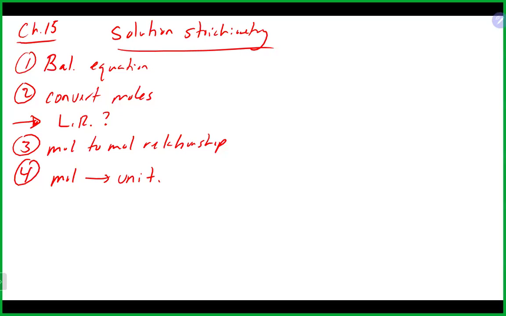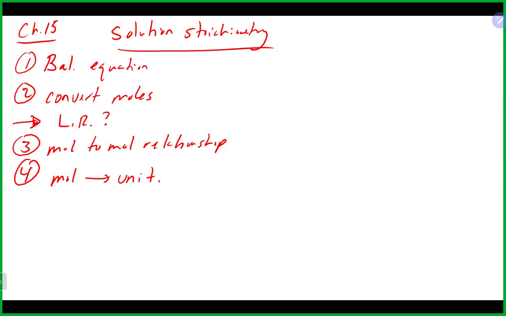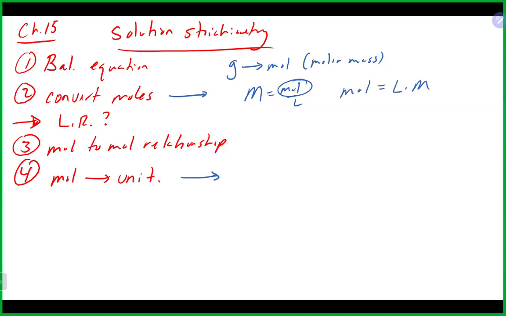So in terms of solution stoichiometry, pretty much the main difference is there are two steps where there usually is a difference, and that is step number two or step number four here. Instead of a traditional stoichiometry problem where we go from grams to moles using the molar mass, very often in solution stoichiometry we're using molarity, solving for moles, and that is liters times the molarity.